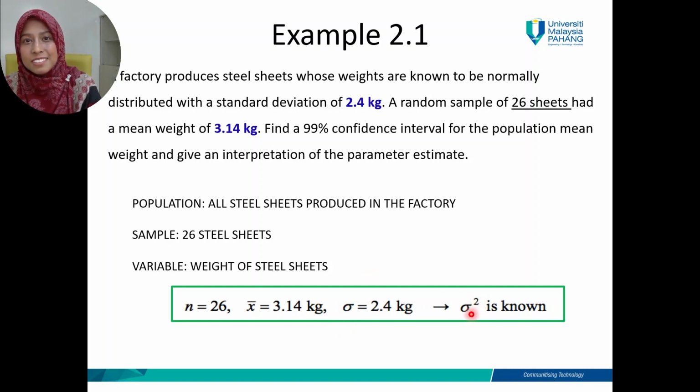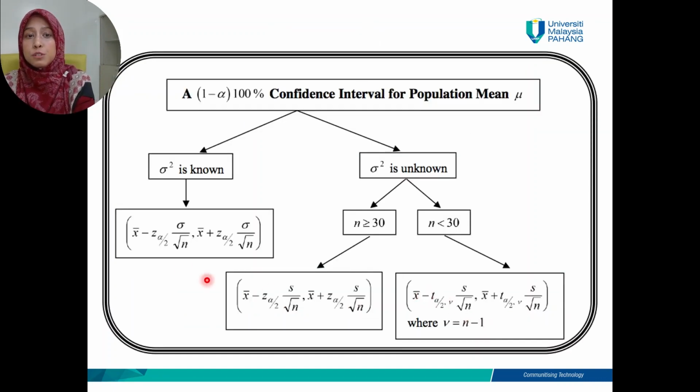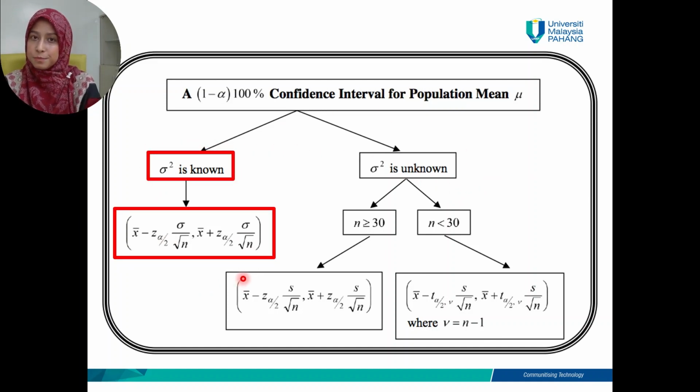If the value of sigma is given in the question, this is the case of sigma square known. Why is it important to identify which case this is? Because you need to choose one of the three formulas presented to you just now. So this is the case of sigma square known. Therefore, which formula will you choose? The first formula, am I right?